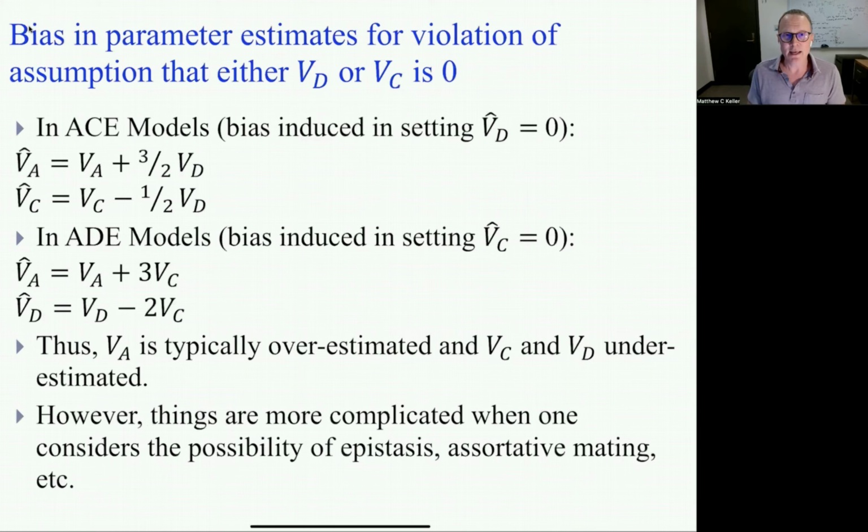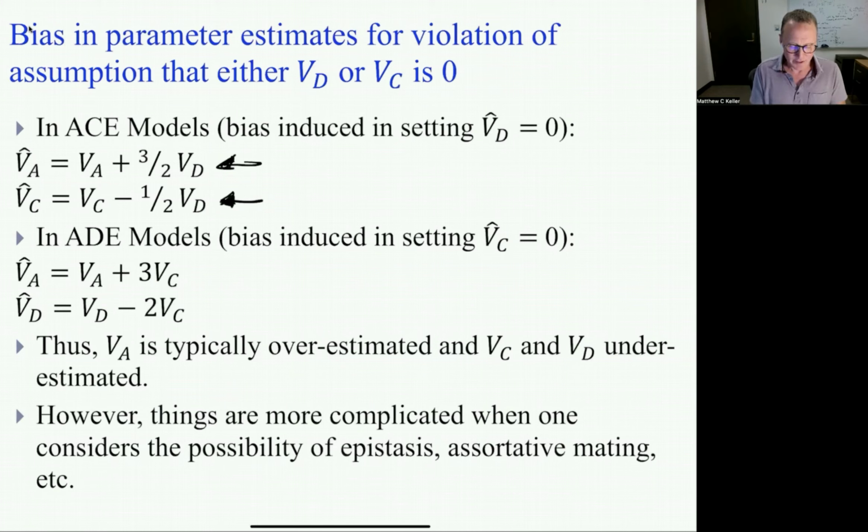So here is a rundown of what we've gone over in this talk. In ACE models, where the bias is induced by setting VD to be 0, the VA hat is going to be equal to the true VA plus 3/2 of whatever VD is. The VC hat is going to be equal to VC minus half of whatever VD is.